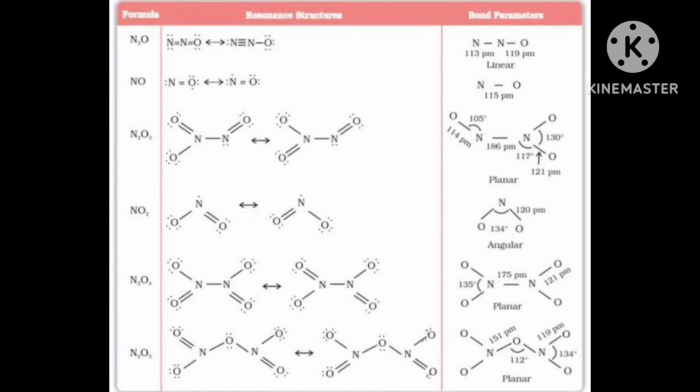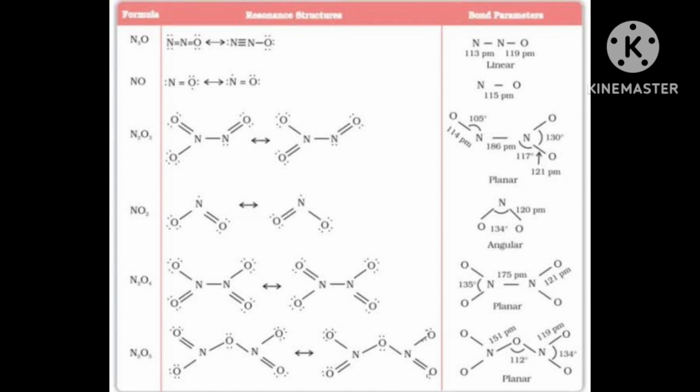Then I have told you about all these structures of the oxides of nitrogen from +1 to +5. All details I have discussed, and many questions are asked on this. Okay, and see, you should know that out of all these structures, the first was linear, the second was planar, the third was angular. Angular means NO2, remember that.